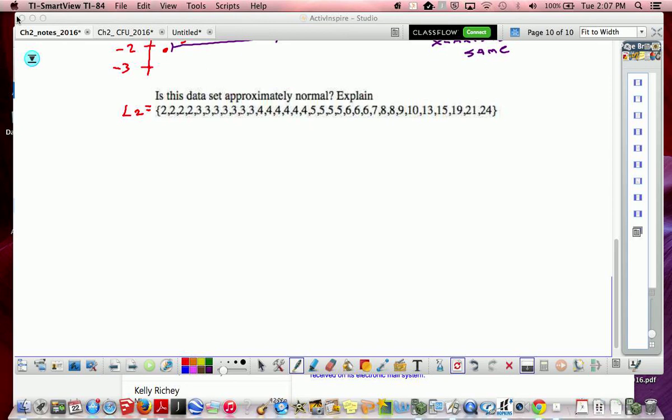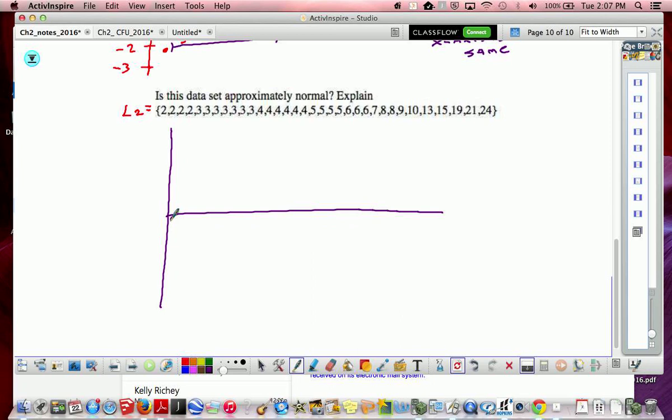So as I sketch this one real quick, 0 to 24. Again, these are my x values. Here's my z-scores. So 1, 2, -1, -2.